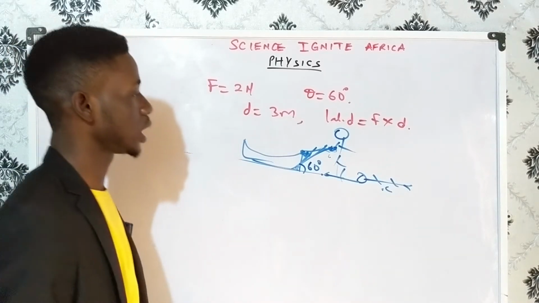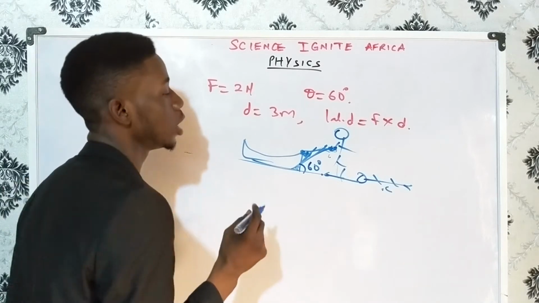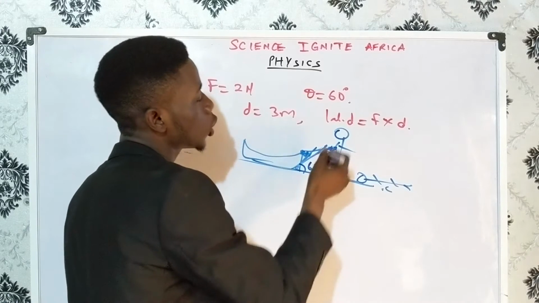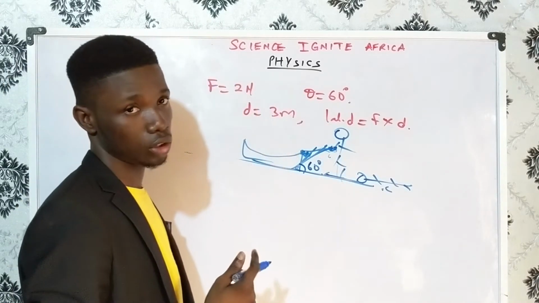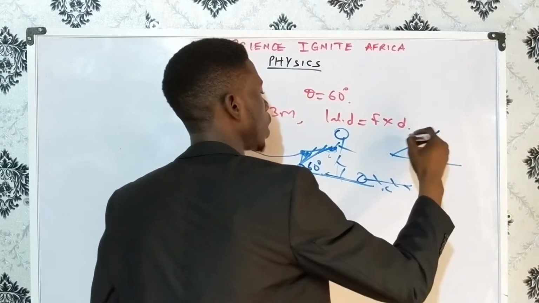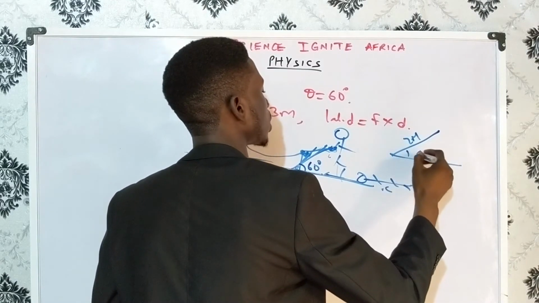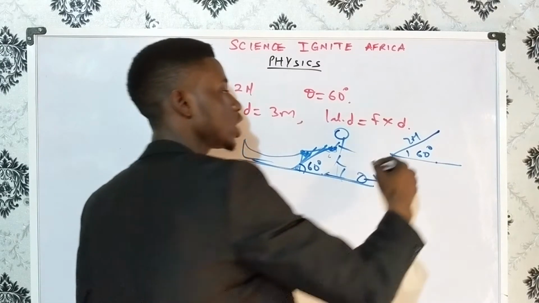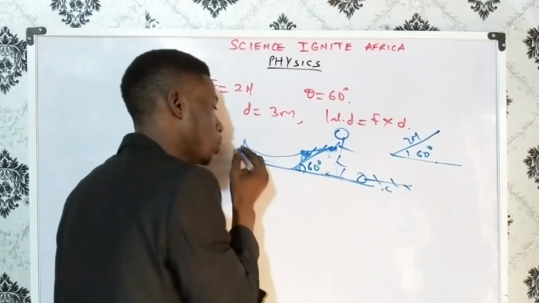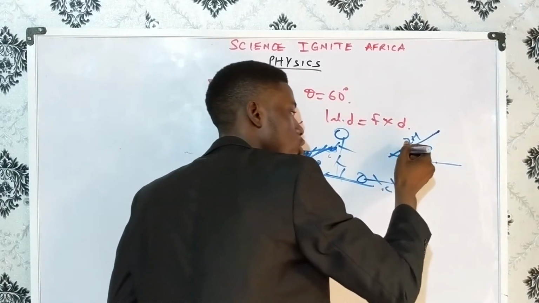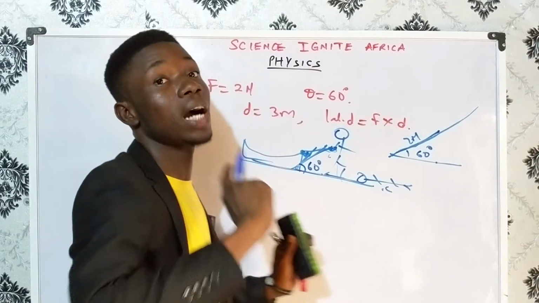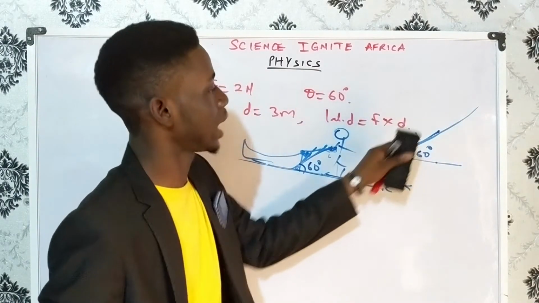But because you are inclining it here, the effect of this force is reduced. Let me tell you what is happening here. I'm looking for a horizontal equivalence of this force of 2 Newton. So let me draw this out. This is a triangle. We have 2 Newton here, and 60 degrees here. This force of 2 Newton has its maximum effect if the object is pushed or pulled towards him in this direction.